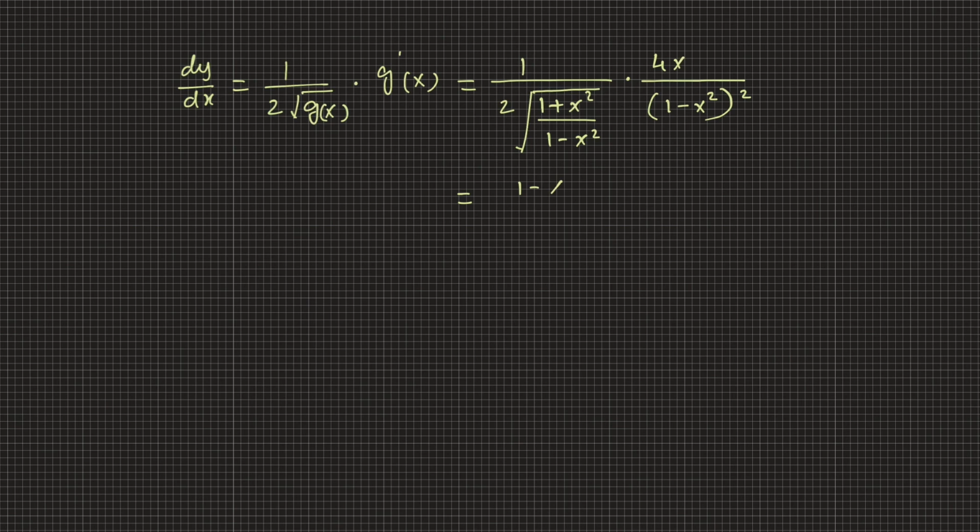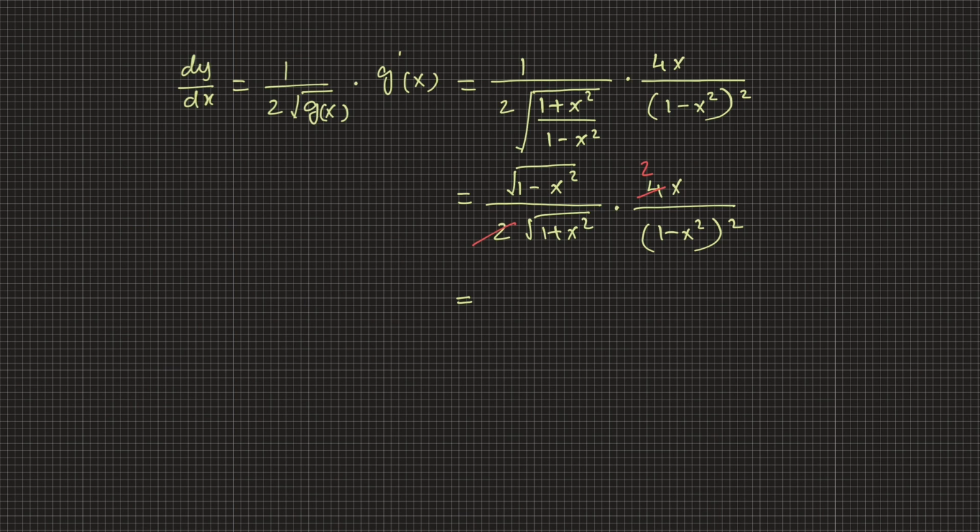Rewriting the first term as root 1 minus x squared divided by 2 times root 1 plus x squared, multiplied by 4x divided by 1 minus x squared whole squared.